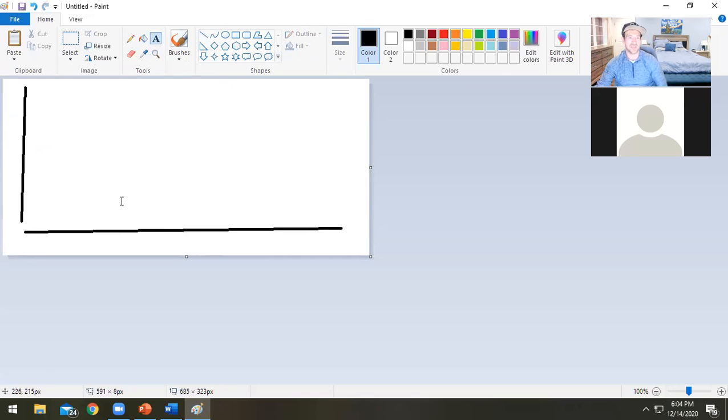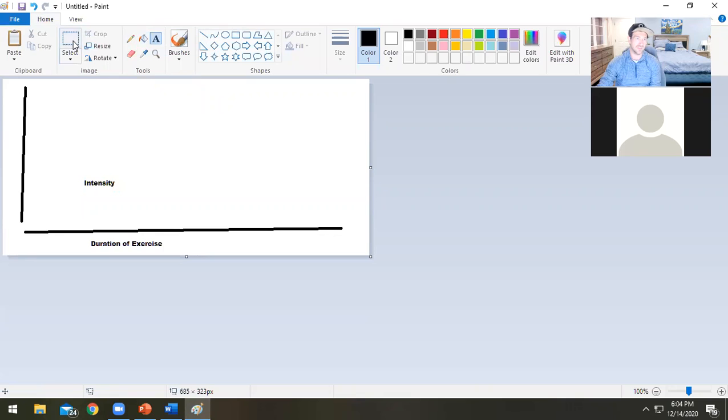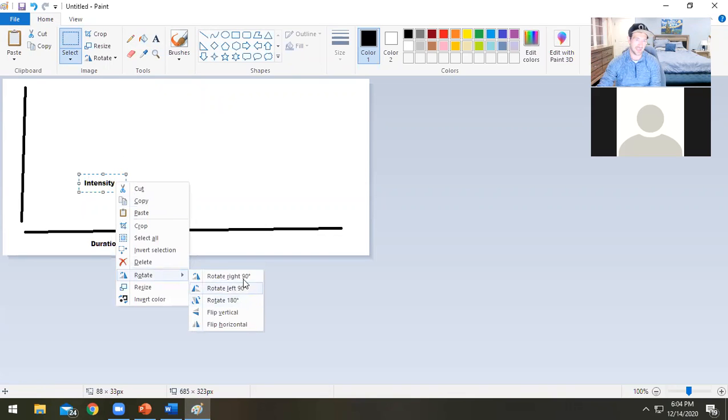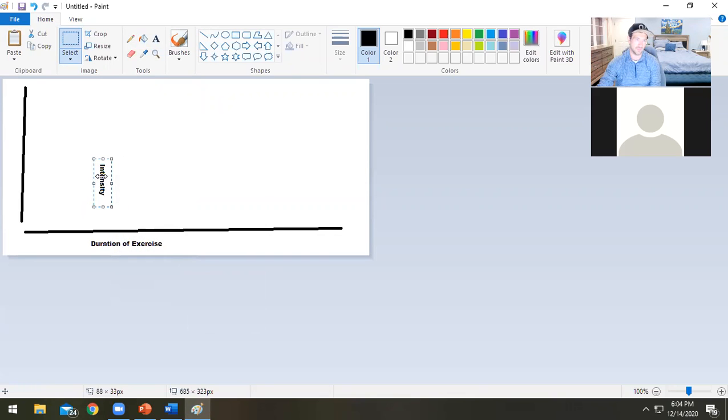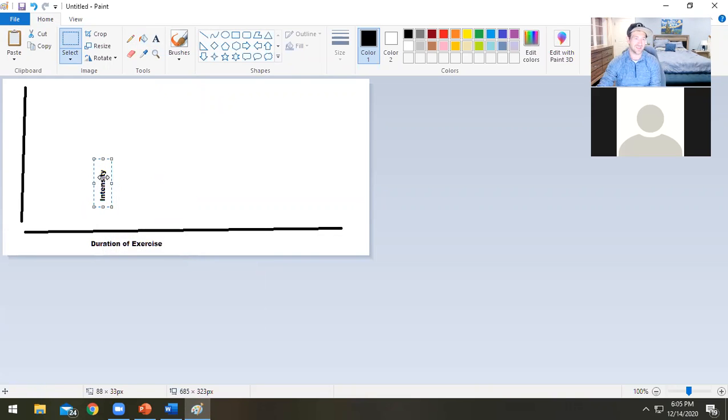We'll label the bottom the duration of exercise, and this side intensity. Let me rotate it 180 degrees. There we go. So we have our intensity on this axis and the duration of the exercise here.